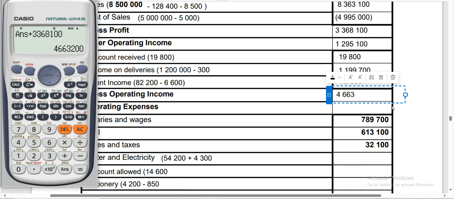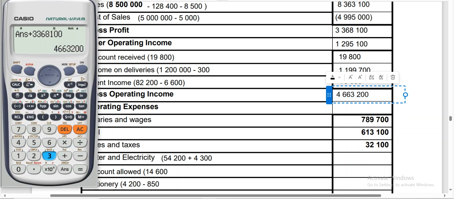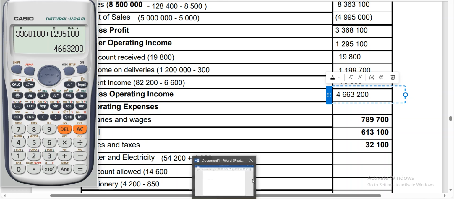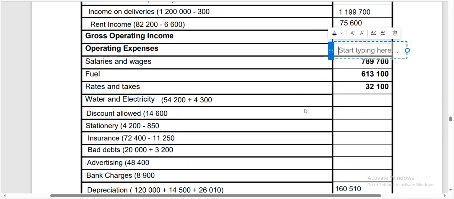Let's verify. 3,368,100 plus 1,295,100 is giving us 4,663,200. So we are good to go. Then from there, we need to look at our operating expenses and get the total. Remember, it must be bracketed.